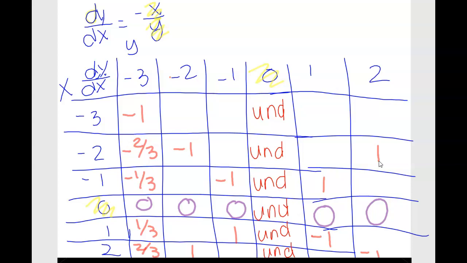So I look for patterns as I do the table. You can also just plug in straight across. There's not really a right or a wrong. So this is always going to be a positive 3 right now. So then positive 3 over negative 1.